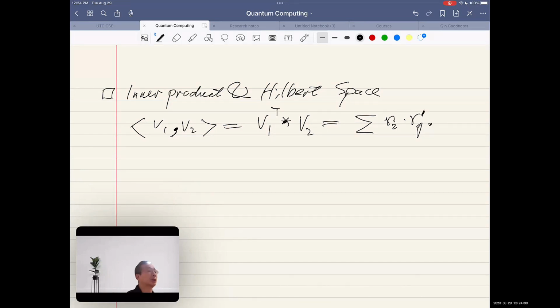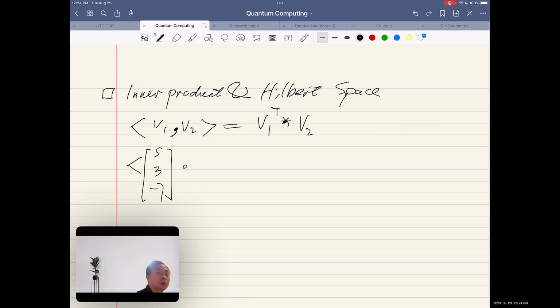My handwriting really doesn't make this clear, so let's just use the calculation to show this. In the book example, we have the vector 5, 3, minus 7 with another vector 6, 2, and 0.